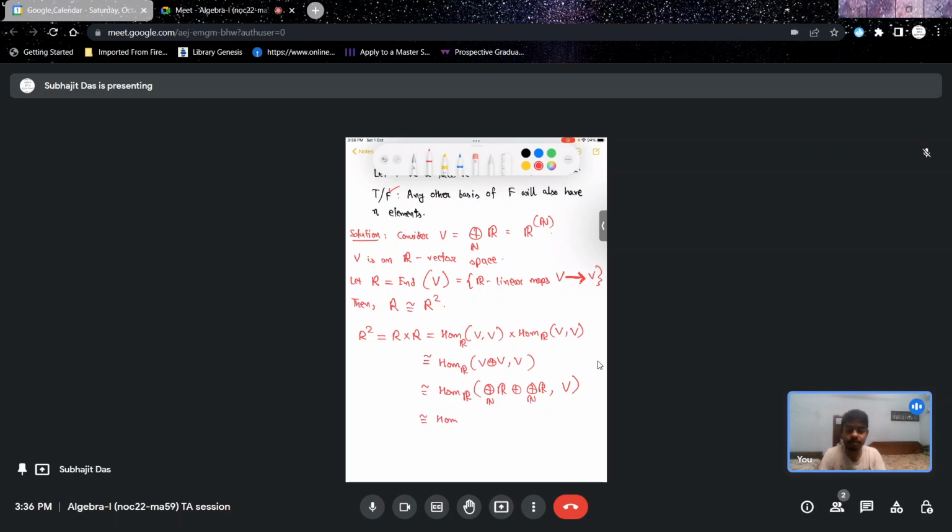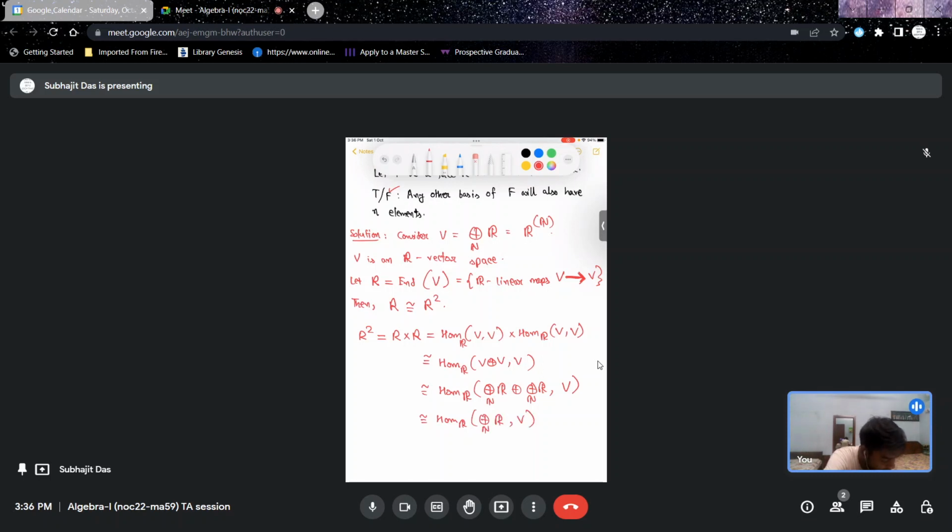I mean, you are taking a direct sum of two modules, each of them being a direct sum of countably many copies of R. So you just get the same thing, Hom_R(direct sum of R, V), right?